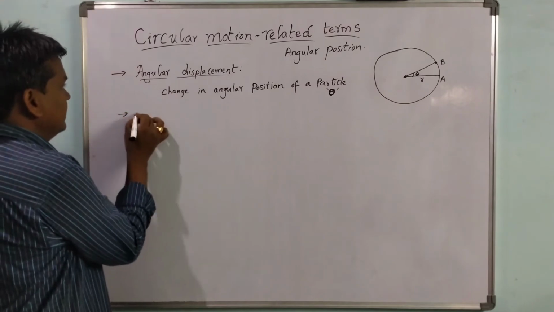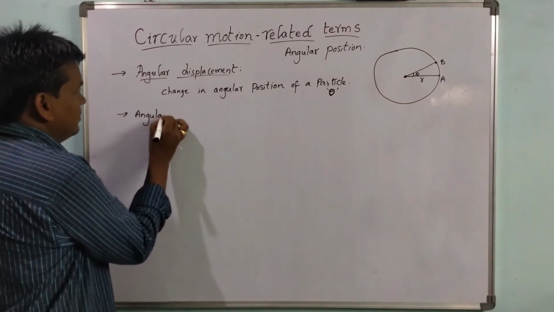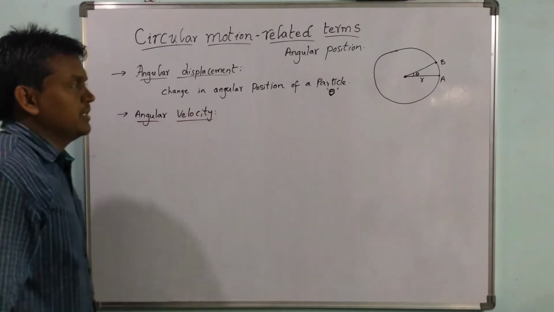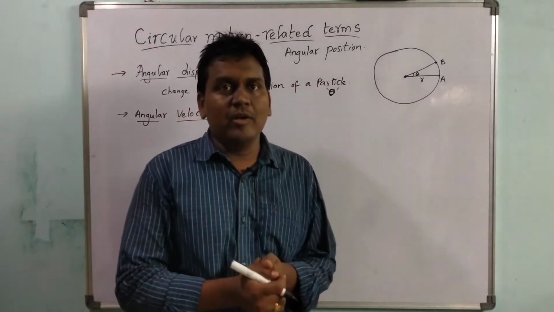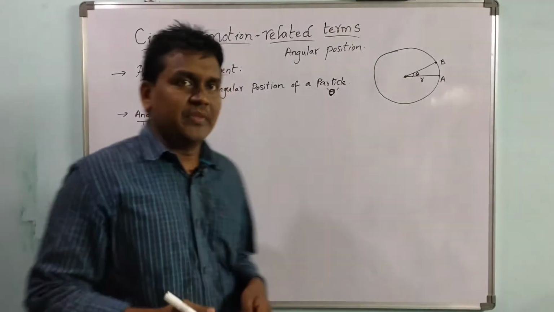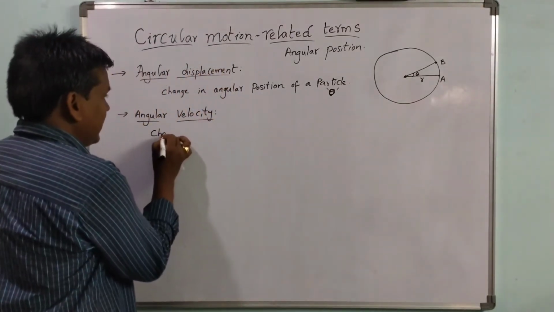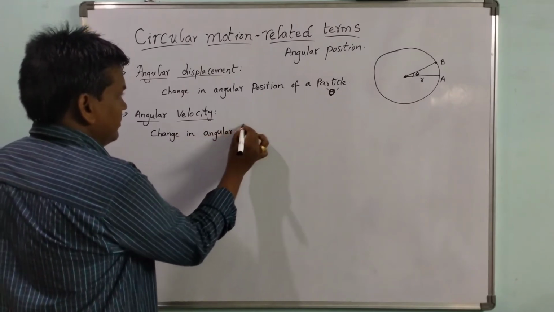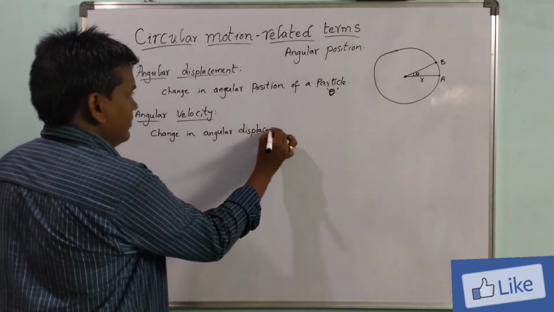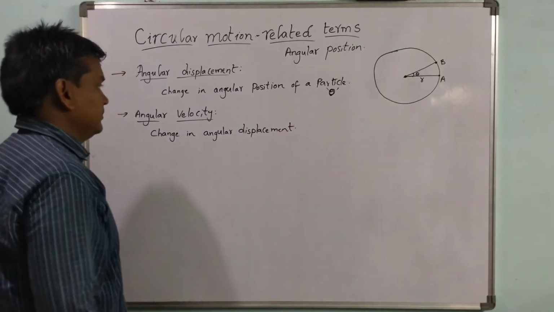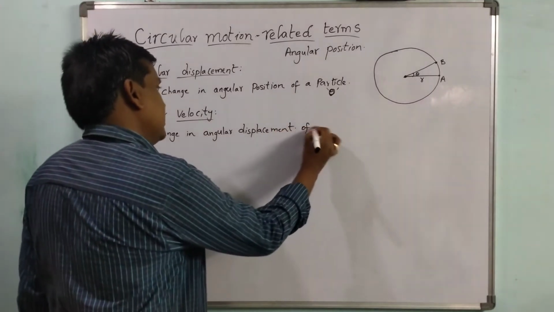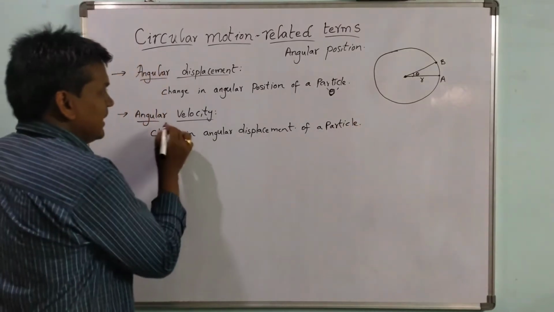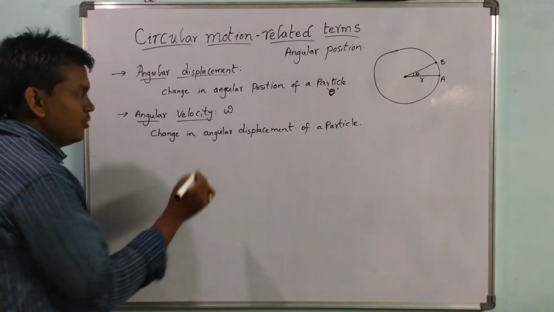And next, angular velocity. Change in angular displacement of a particle is called angular velocity, and angular velocity is indicated with the letter omega.